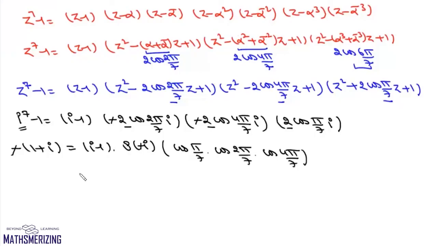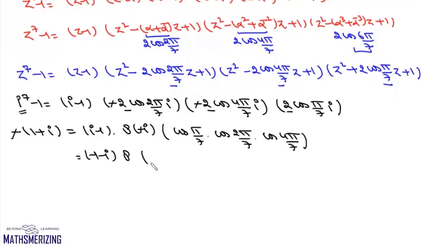Now we multiply this iota here, we'll get iota square, which is minus 1, minus iota into 8, and it will be cos pi by 7 into cos 2 pi by 7 into cos 4 pi by 7. Now we take minus common. Here it will cancel, so we'll get this minus 1 here.